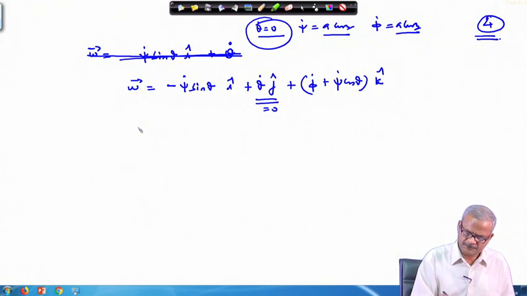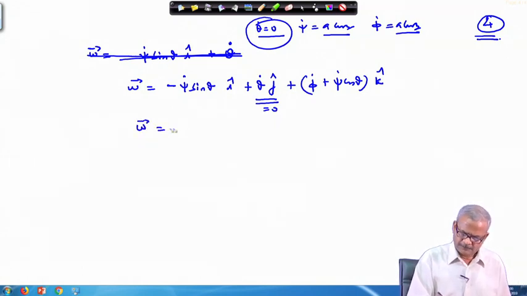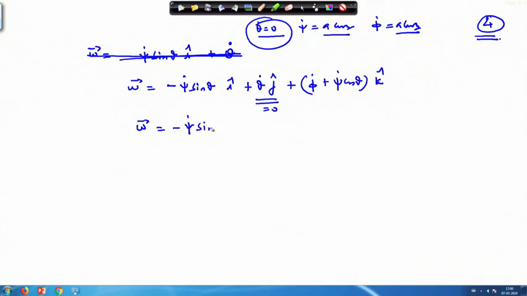So, this term becomes 0 and omega gets reduced to minus psi dot sin theta i cap plus theta dot j cap, this part is gone, plus (phi dot plus psi dot cos theta) times k cap.